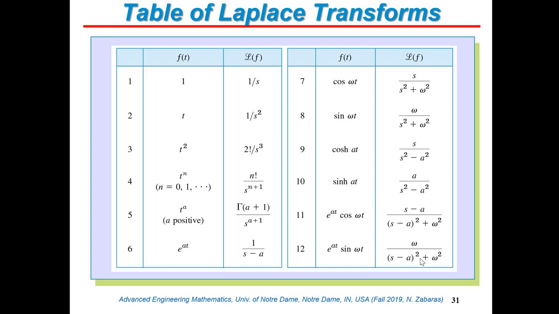You should be able to use these tables to evaluate the Laplace transform. And more importantly, when you use the partial fractions idea, you should be able to go backwards from the Laplace transforms that take any of these forms in this table. You should be able to go back and compute the unique function that leads to those.